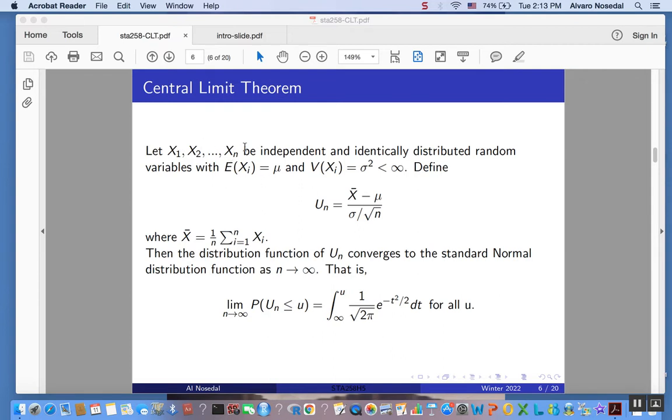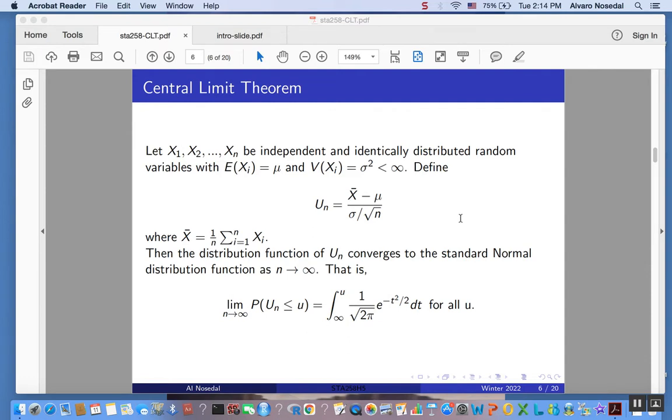Exponential? They satisfy these conditions. And if you are interested in x bar, the sample mean, it turns out that if your sample size is big enough, it will be well approximated by a standard normal. So it's really powerful, really general.